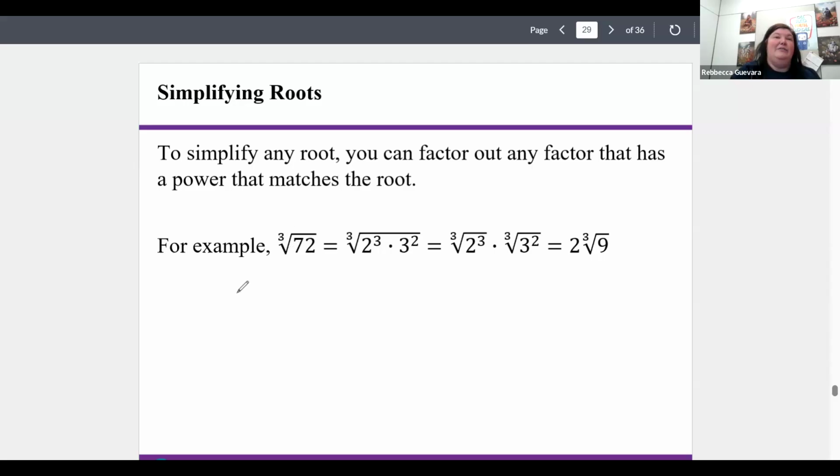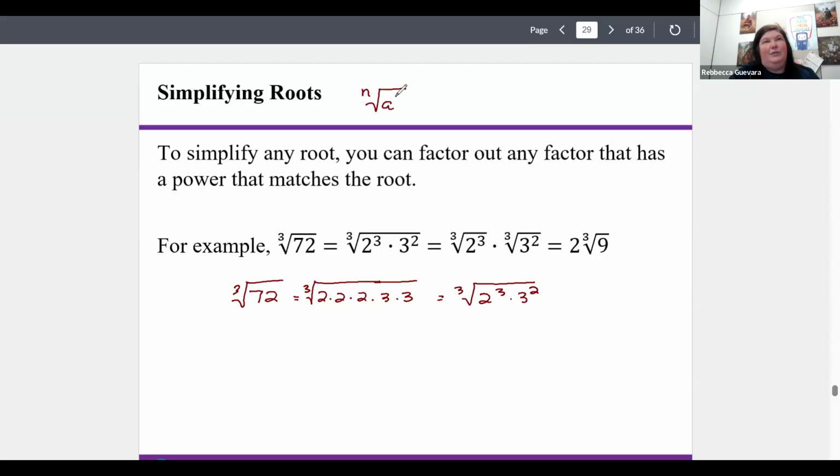So if I have the third root of 72, and I break down 72, I get 2 times 2 times 2 times 3 times 3. Now, because I'm looking for cubes, that's the only thing that I can use that property on, right? Because I need an nth root of a to the n just to get back that a.